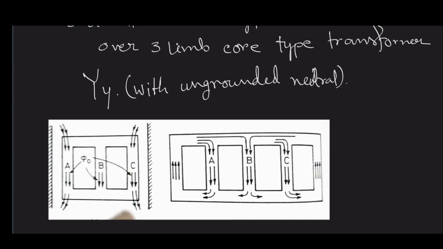However, here we can see that these third harmonic fluxes are not getting any return path. Suppose the limb which is wound with the A-phase winding, whatever third harmonic flux it is producing, if that flux tries to find its return path through B, then the third harmonic flux of B is equal in magnitude and opposite, right?